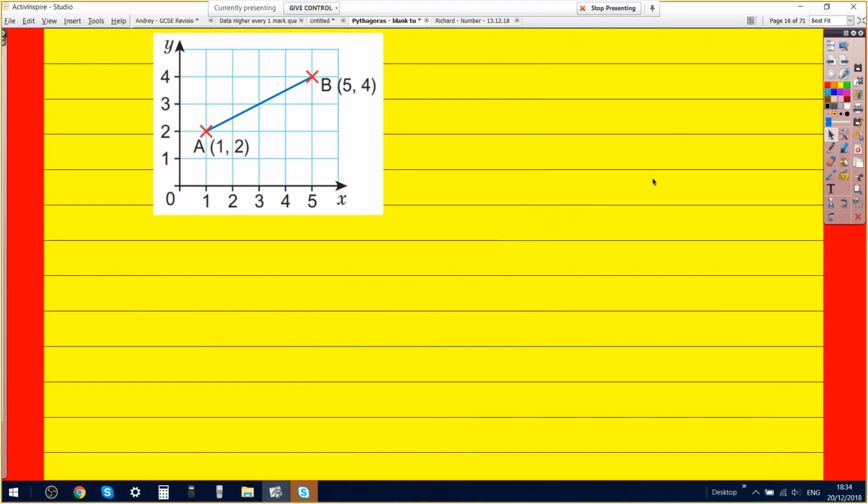Okay, any idea how we would find the length of this line? And it's a diagonal line. So say that again, darling. So how would we find the length of this line?